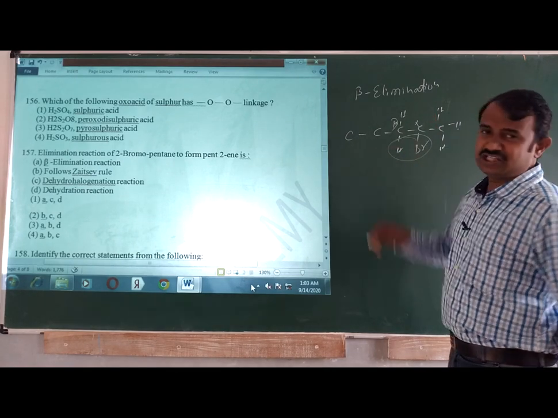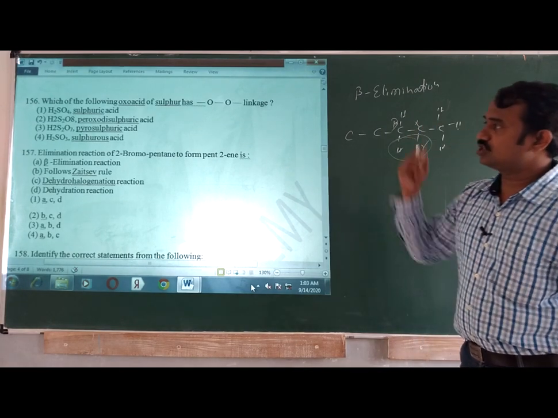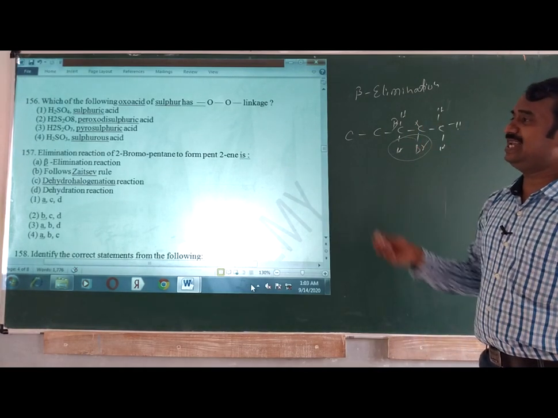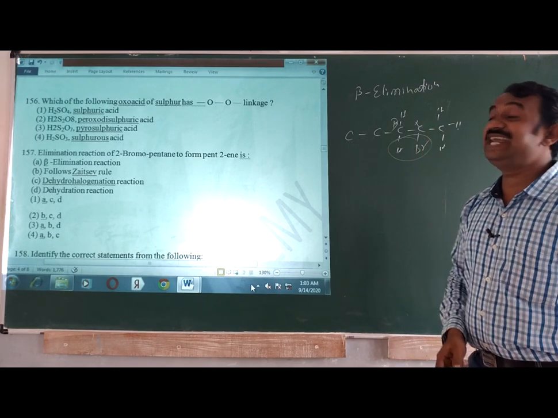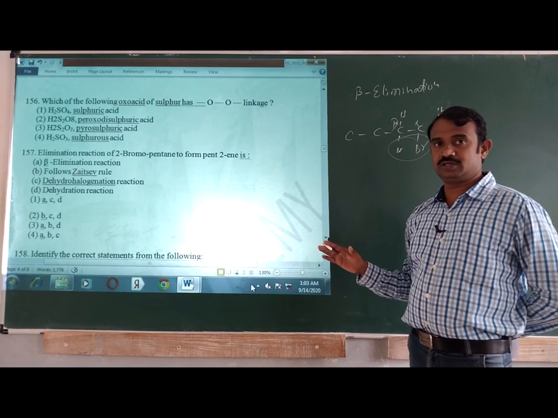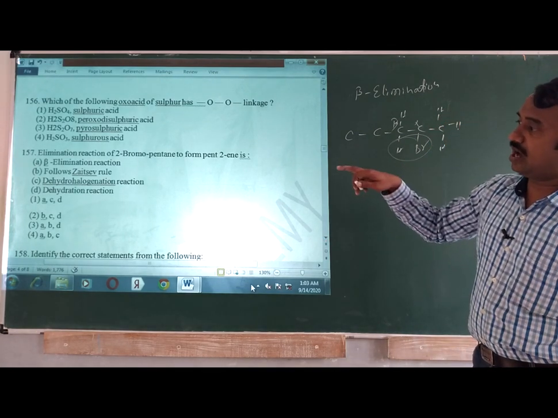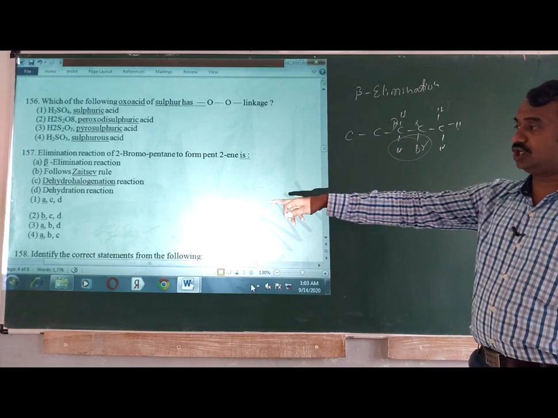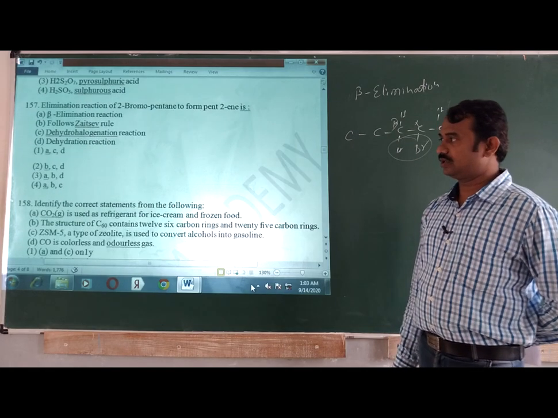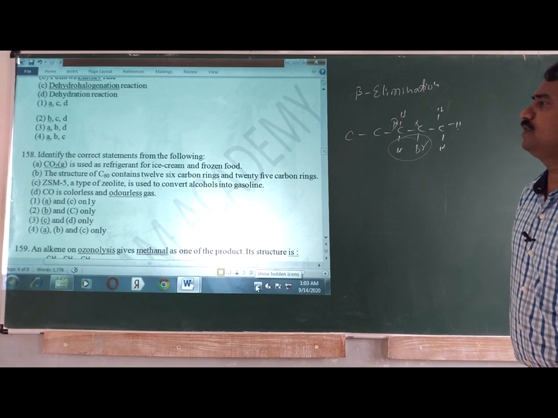The Saytzeff rule is also called, another name reaction is Zaitsev rule, that is also correct answer. Third, C is dehydrohalogenation. Option D, dehydration, it is not possible. Elimination of water is not possible. Here answer is A, B, C is correct answer. Option 4 is correct. Okay. Next one. Identify the correct statement from the following.